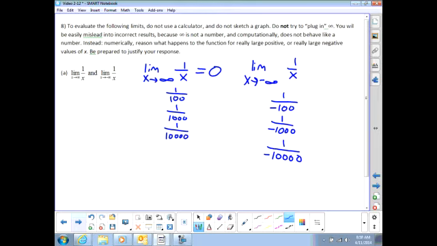And even though they're coming from the negative side, they're still getting closer and closer to 0. So each of these limits, as x approaches infinity or x approaches negative infinity, would be 0. And that's going to be the case whenever your denominator gets large and your numerator stays the same, it's going to eventually go to 0.